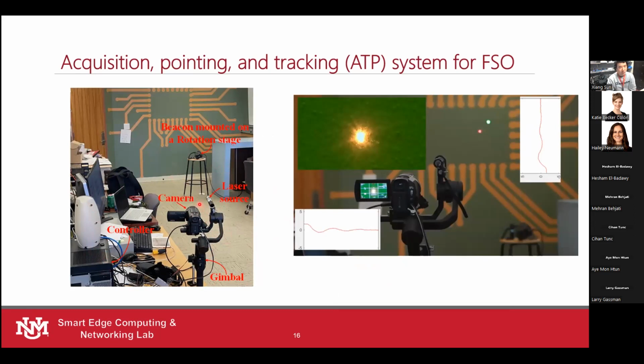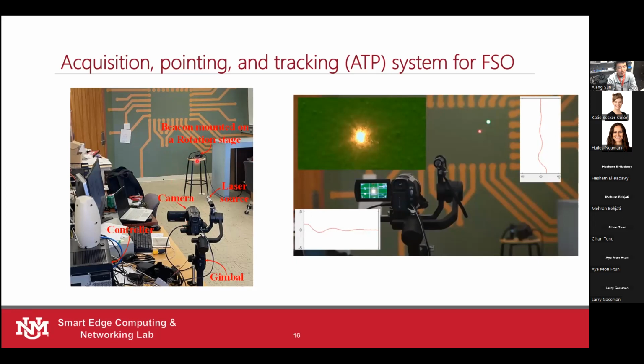For the UAV, we use this rotation stage gimbal, which is equipped with a beacon to emulate the behavior of the UAV. Basically, the beacon is first reflected by the wall and then captured by this camera.